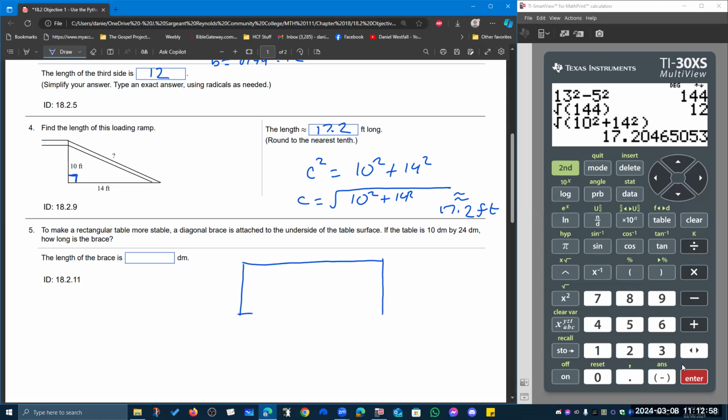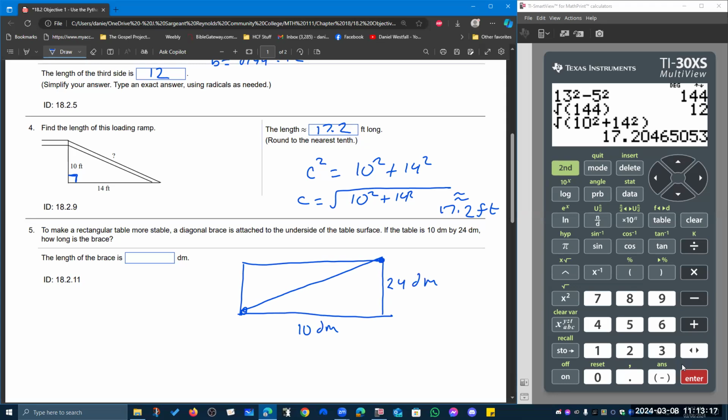Rectangular table, diagonal brace here, going corner to corner. 10 decimeters by 24 decimeters.